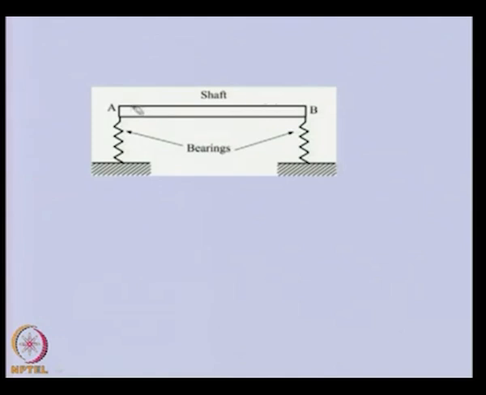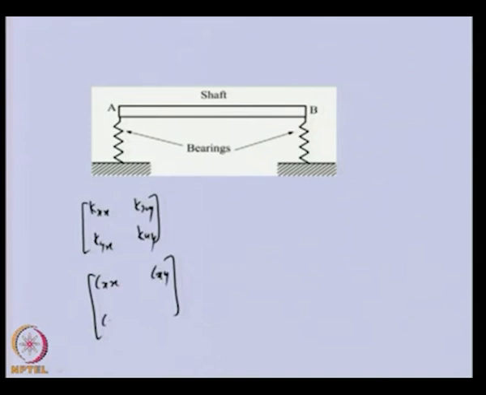In this particular case, we will be considering the Euler-Bernoulli beam model. So, basically we will be discretizing this into one element for illustration, but we can easily increase the number of elements. These bearings are basically fluid film bearings, and each of them is described by 4 stiffness and 4 damping terms.